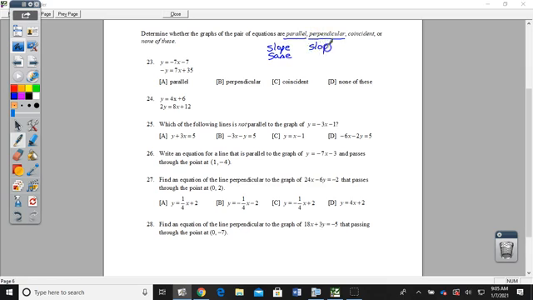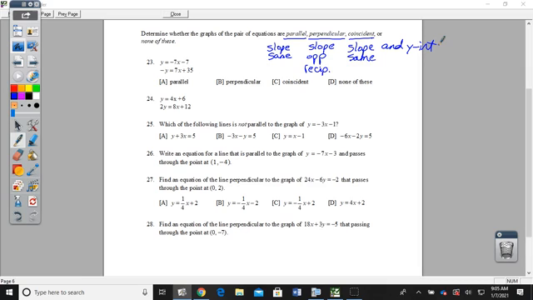Coincident. That's probably a word you've never heard. I hadn't heard it. All that means is they are exactly the same: slope the same and y-intercept the same. So basically it's the same exact equation. And none of these just means they have a different slope, not opposite reciprocal, but any other kind of different.